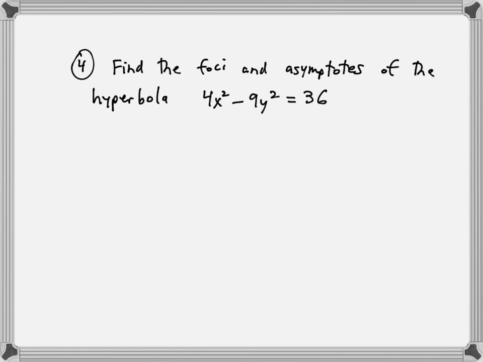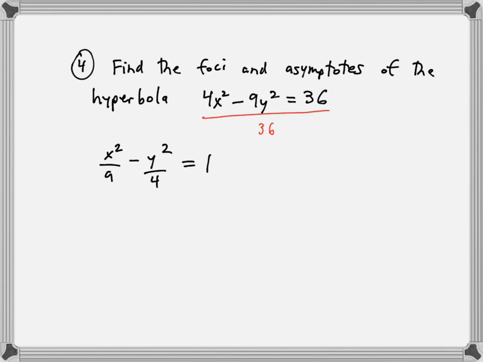So again, don't be too concerned here. What I do is I divide the whole thing by 36. We want to get a 1 over there. That's always the key for both ellipse and hyperbola, right? So if we divide everything by 36, we end up with x squared over 9 minus y squared over 4 is equal to 1.